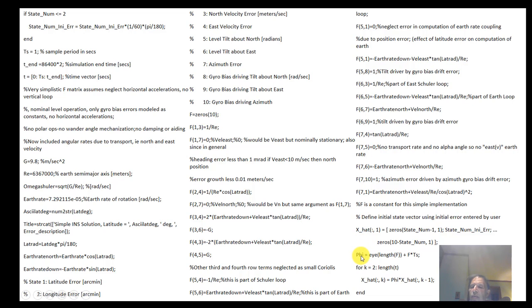So once we have the transition matrix phi, we essentially just have to propagate the states from a general state k minus 1 to a state k with the transition matrix, and keep repeating that for the duration of the 2-day simulation.